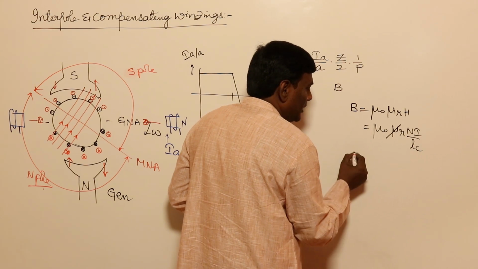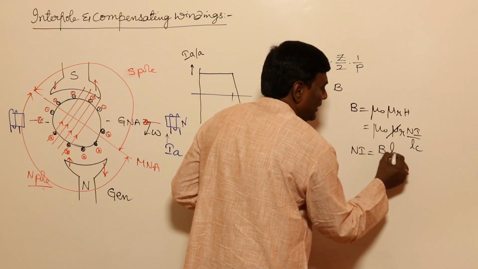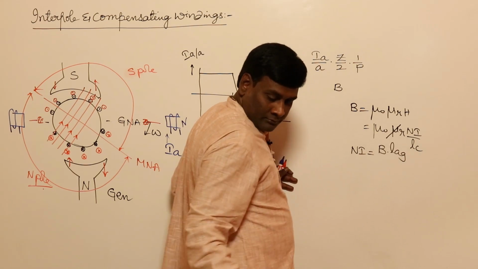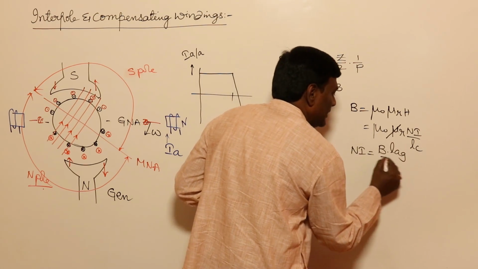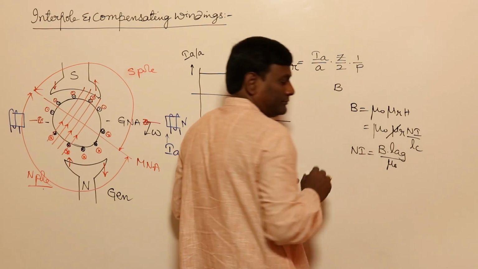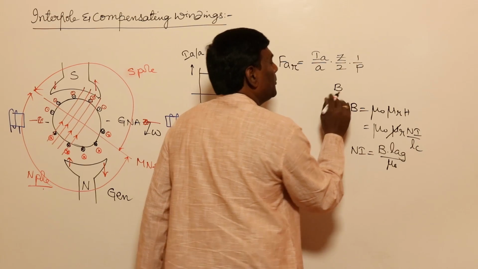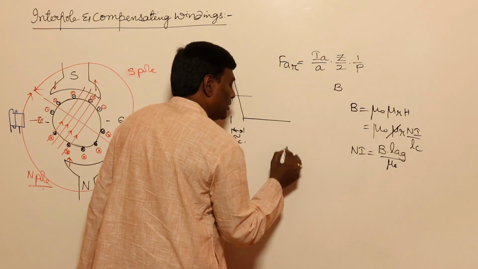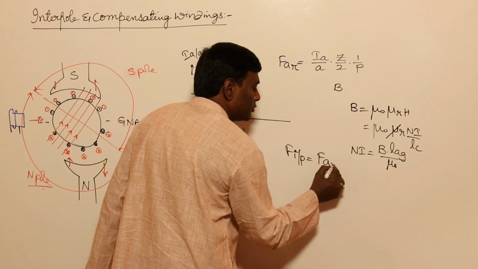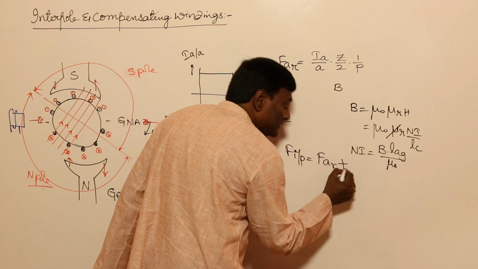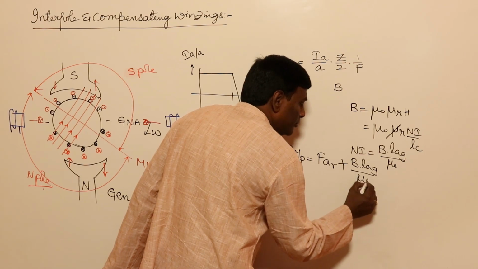Under those conditions, the MMF is flux density into length of air gap divided by mu naught, which gives the MMF required. So my interpole MMF should be the armature MMF, compensated, plus flux density into length of air gap divided by mu naught.